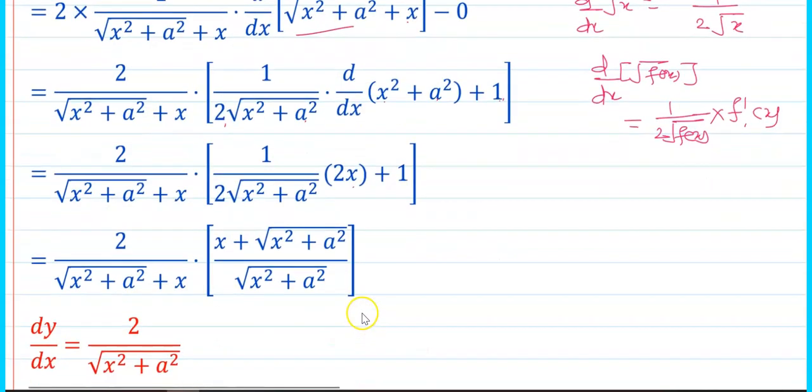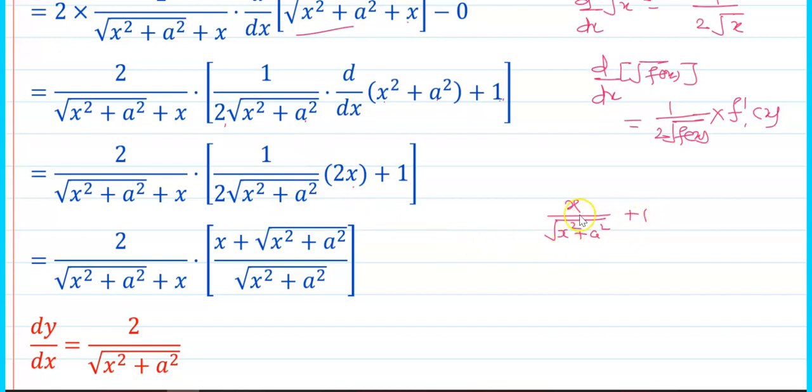Next, simplification is also very important. That is 1 into 2x, means 2x, 2x upon 2 root of x square plus a square. The 2 in numerator and denominator get cancelled, and here you are getting x upon root of x square plus a square plus x.